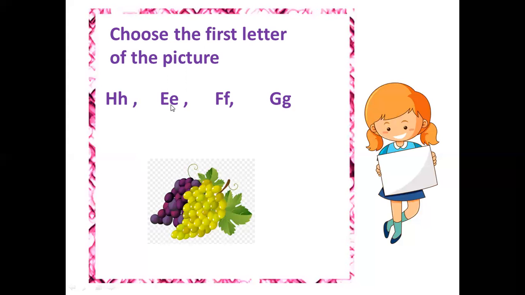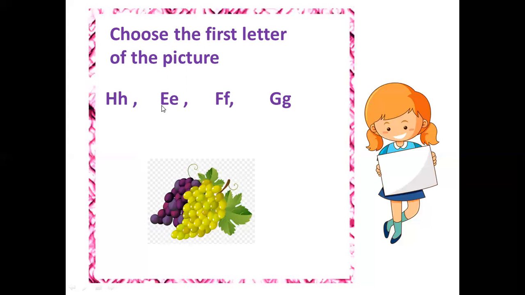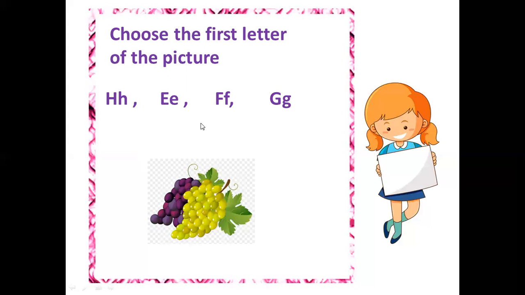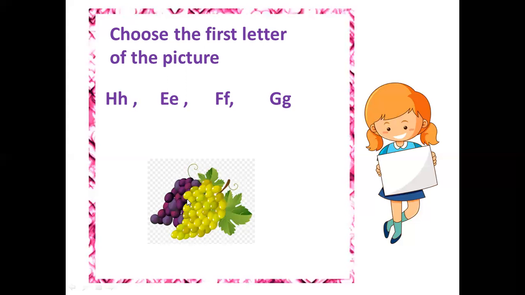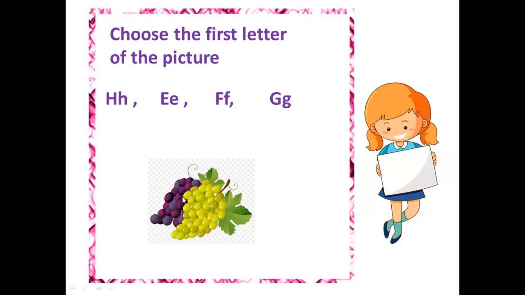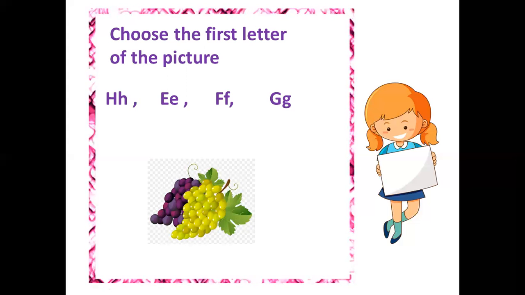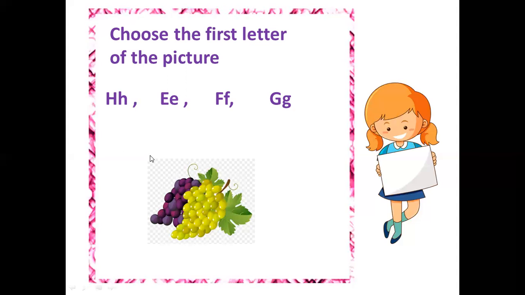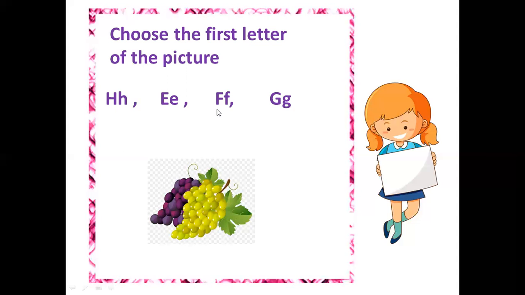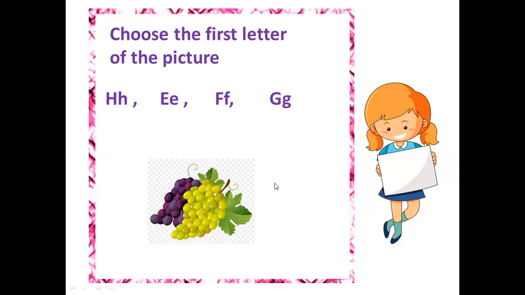E is also not the first letter of grapes. F? No. What is the spelling of grapes? Grapes. Now definitely you can pick the correct one. Which one is the first letter of the grapes?